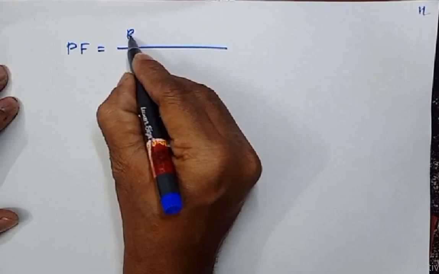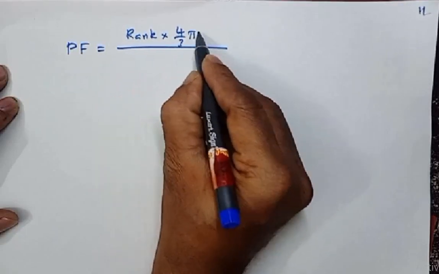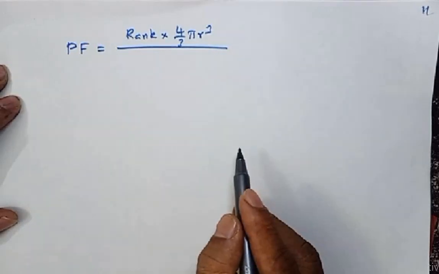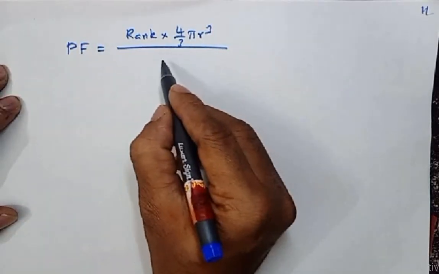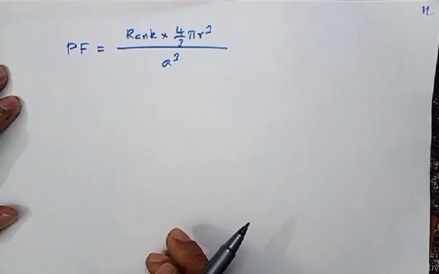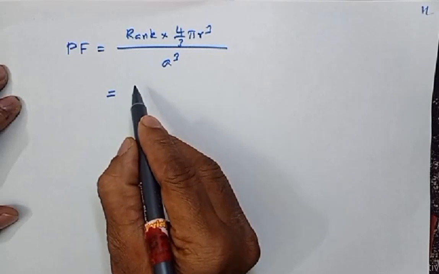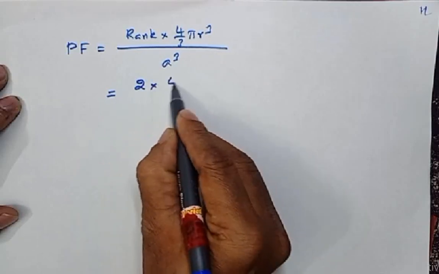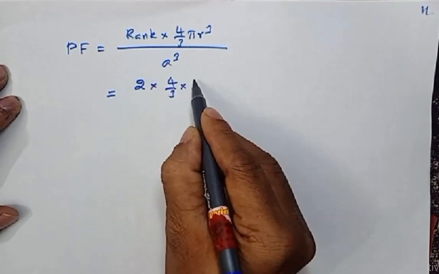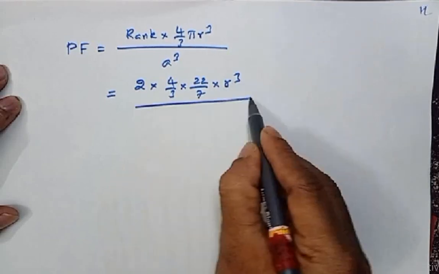Simple, the rank of the unit cell into the volume occupied by each atom, 4 by 3 pi r cube, divided by the volume of the unit cell. Since the unit cell is a cube, the volume of the cube is a cube. What is the rank for body centered cubic unit cell? 2. So 2 into 4 by 3, pi value 22 by 7, r cube, divided by a cube.